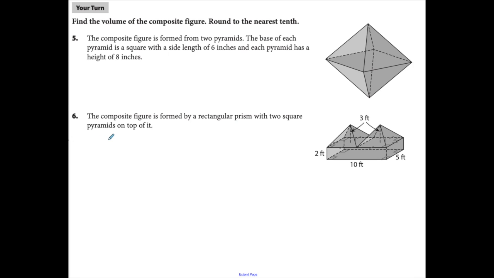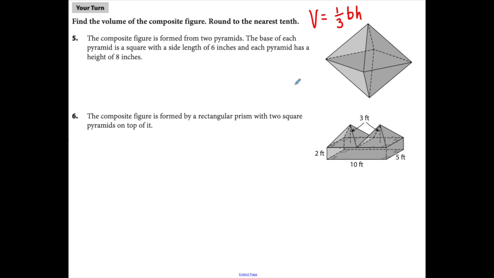Okay, so let's take a look and see if we can find the volume of these composite figures. Remember, we know at this point that the volume of a pyramid is 1/3 the area of the base times the height.